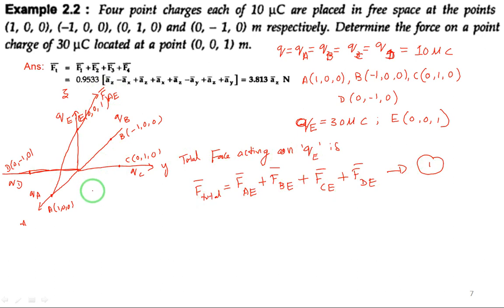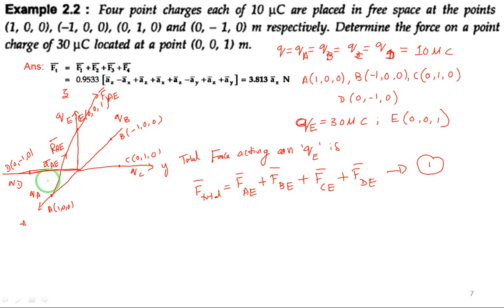But observe one thing here. From A to E I have drawn. Then what is the unit vector from A to E? RAE is the distance vector, and the unit vector is AAE. You can observe that A and B are located on the x-axis at the same distance, and on the y-axis these two charges, they are lying in the xy plane.